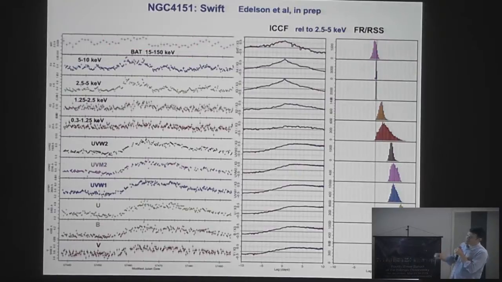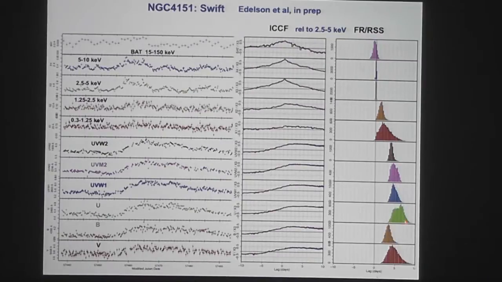So the hard X-rays are varying first, and then the soft X-rays, and then you see essentially the disk is moving out in terms of time lag. So the X-rays are preceding. The variation in the X-rays is preceding the variation in the disk. And so this suggests that you're having some X-rays coming from the corona, which are raining down on the disk, and you're reprocessing, essentially reflecting those X-rays, and that's leading to this lag here.